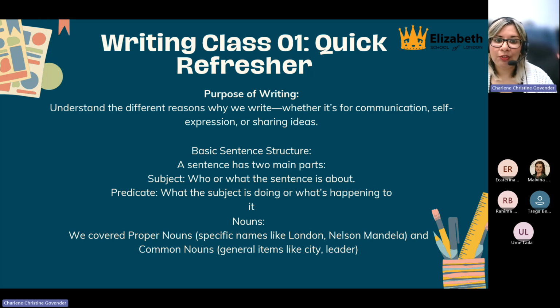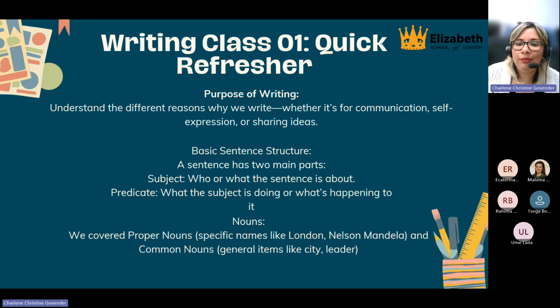Okay, so a refresher on nouns, thank you. Kieran covered proper nouns, and specific proper nouns are names such as London, Nelson Mandela, and common nouns are general items like a city, a leader, a pen, an object.